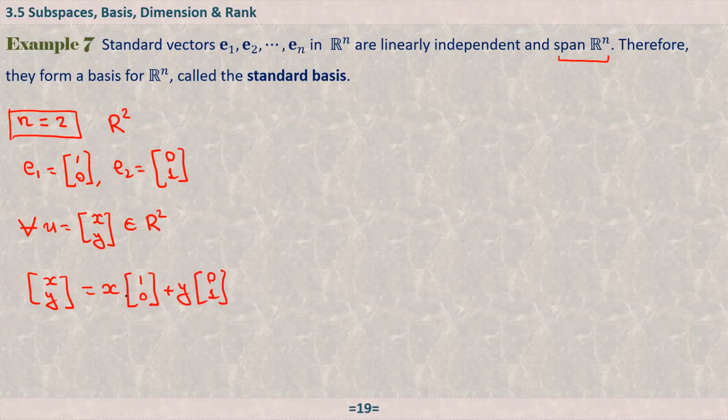That's x times the first vector, y times the second vector. Given any vector, we can write it as a linear combination of these two vectors, so that means it spans R2.